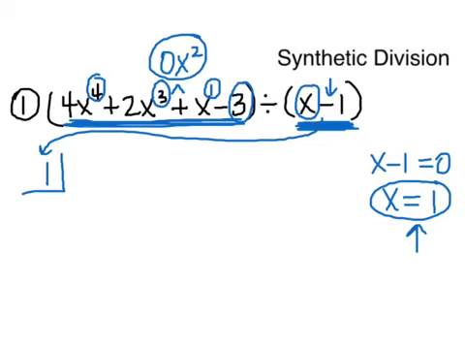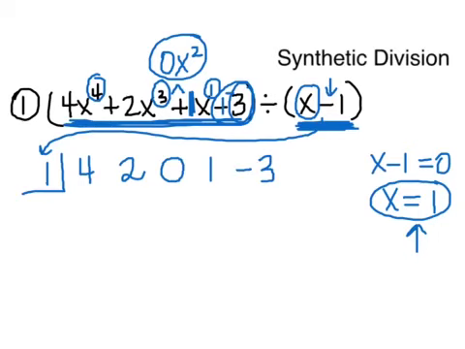Because of that fact, it also happens that way in synthetic division. You're going to have to put a 4 and then a positive 2, and then you're going to have to squeeze in a 0 there for the x squared spot. Then the coefficient of x is like a 1, so you're going to put a positive 1 there, and then you want to treat this like a negative 3, even though it's minus 3.